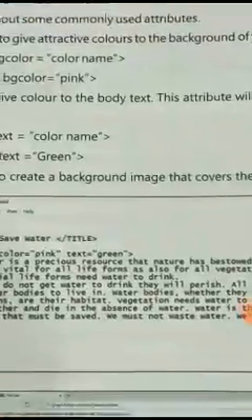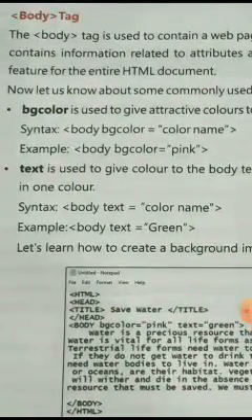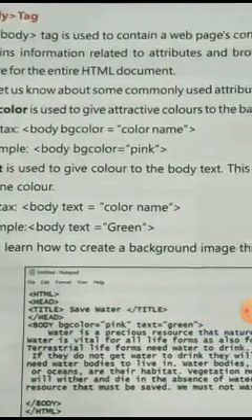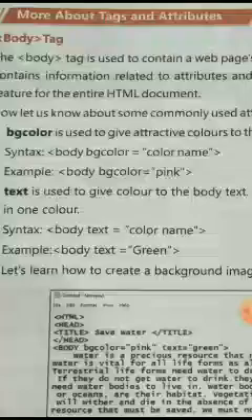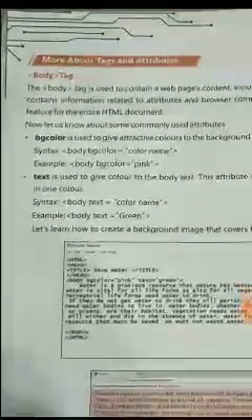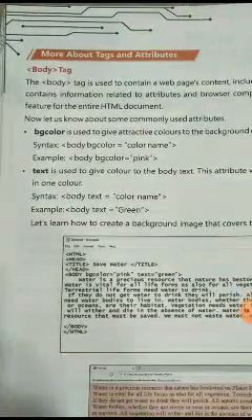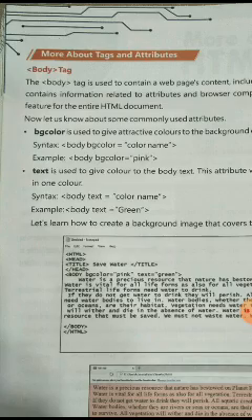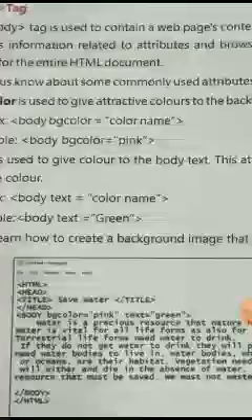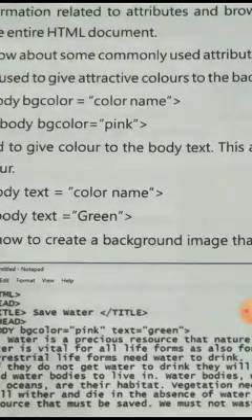By using bgcolor, you can give a background color for your web page. If you want to give a background color, you have to use body, then space, then bgcolor, then you have to give the color name. Like here it is given pink, you can give red, green, any color name.